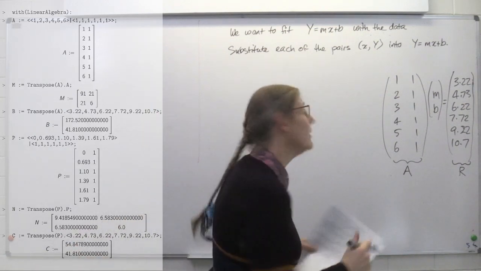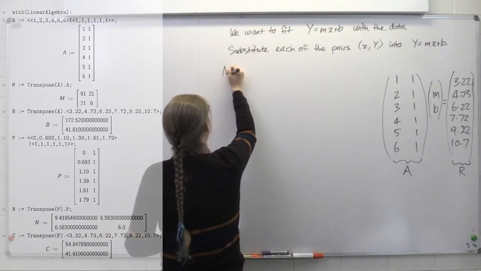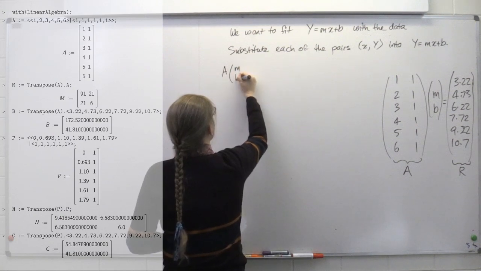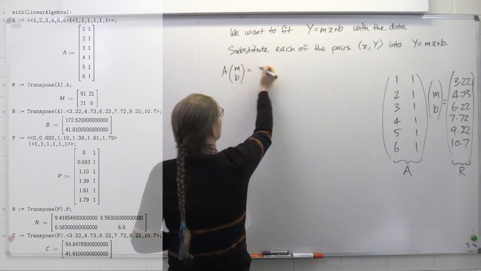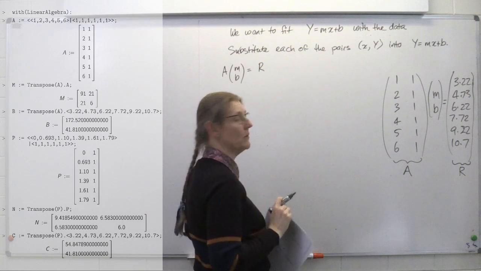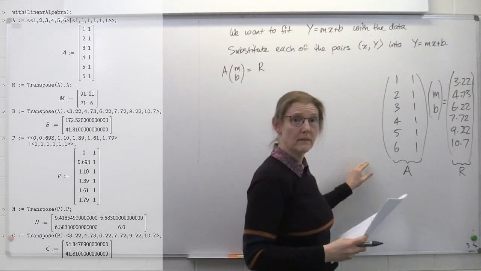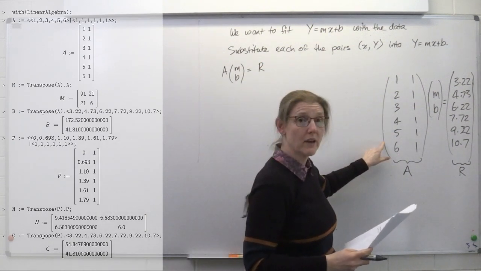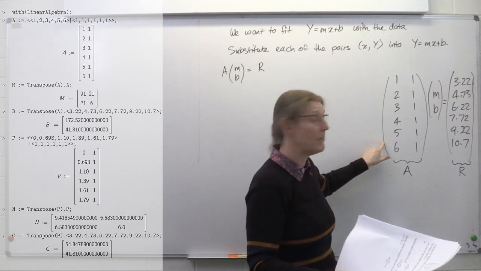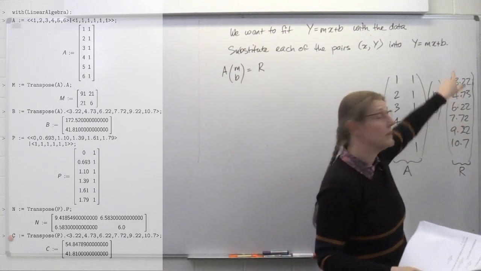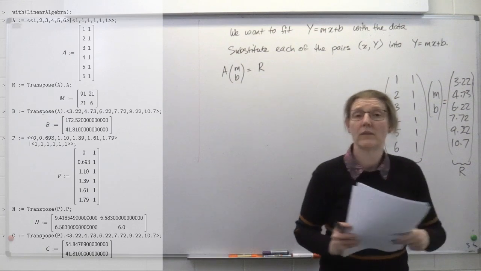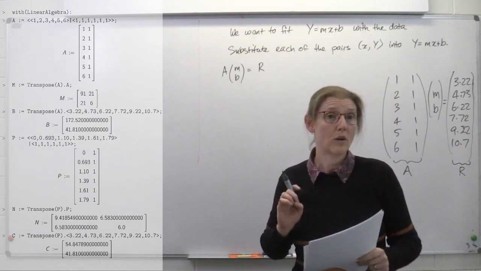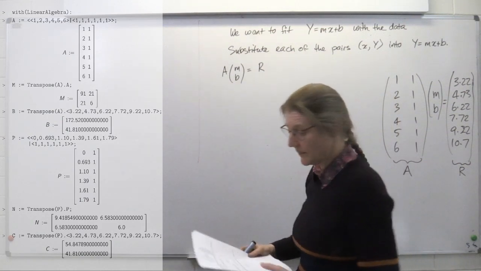We have a matrix equation A times our unknown M, B is equal to R, where A is this coefficient matrix on the left, also A in our Maple code, and R is this column matrix of our right-hand side, the log of little y, capital Y.